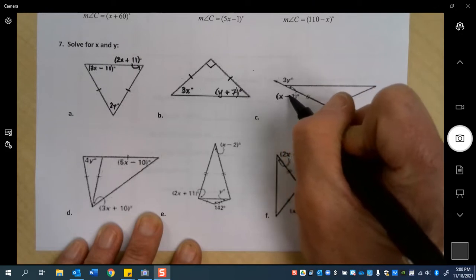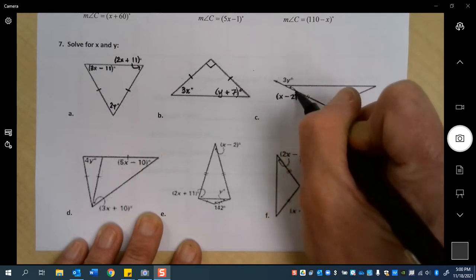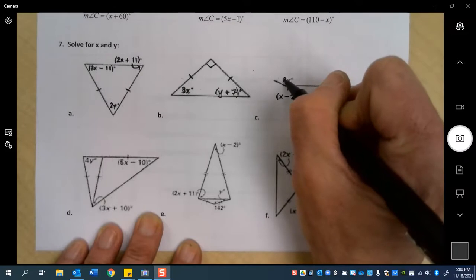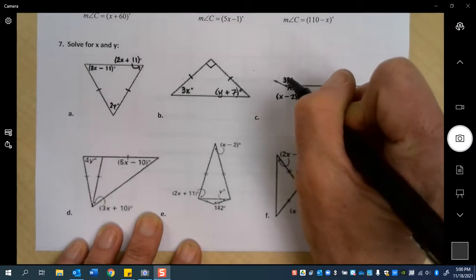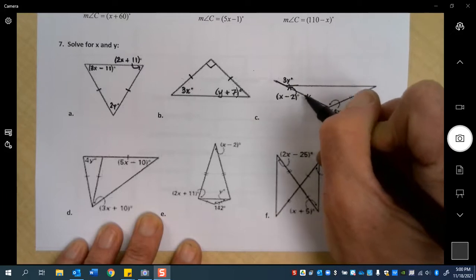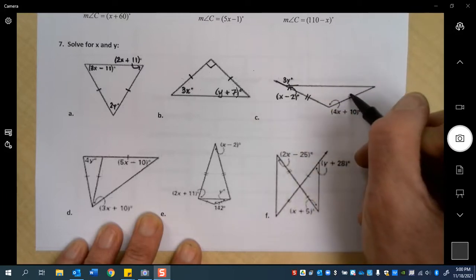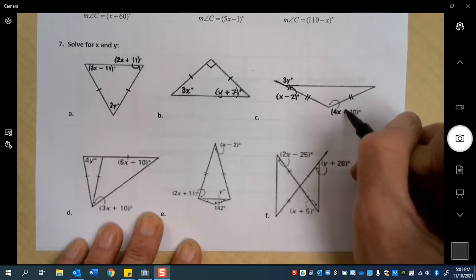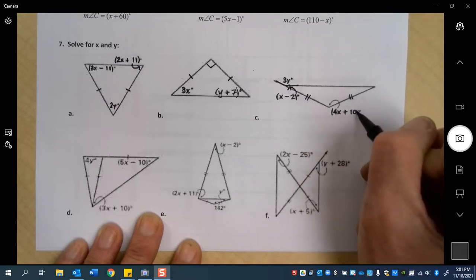Over here we have an isosceles right triangle, and our angle measures are 3x degrees and y plus 7 degrees. This x minus 2 refers to this angle here. This 3y degrees is our exterior angle. We have an isosceles triangle with a vertex angle of 4x plus 10.